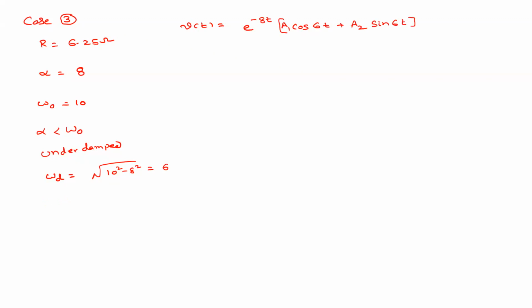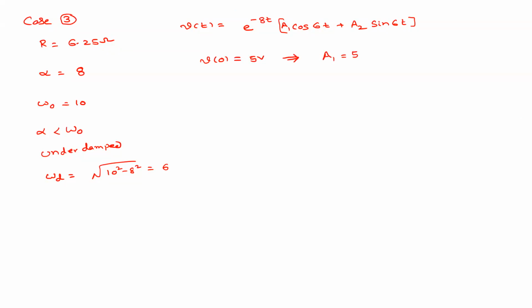All right. So initial condition V of 0 equal to 5 volts. From this, A1 equal to 5.